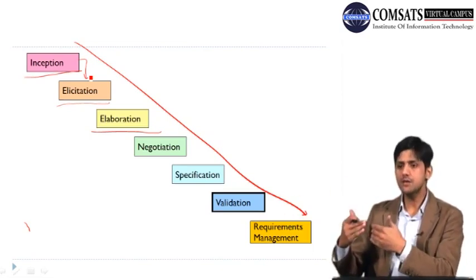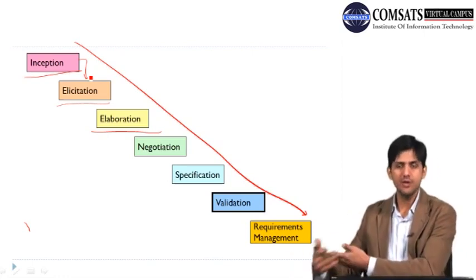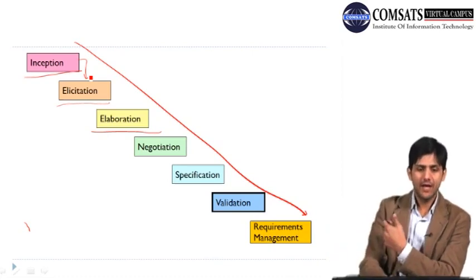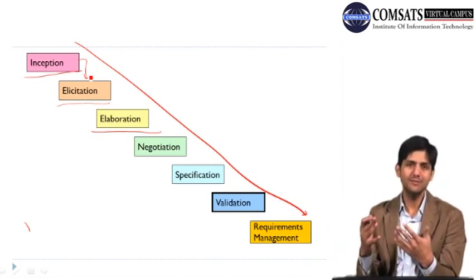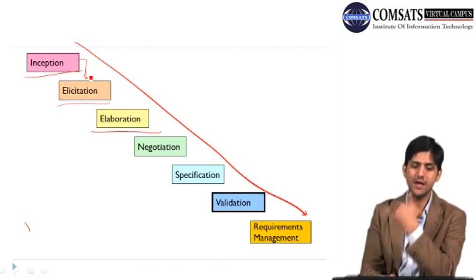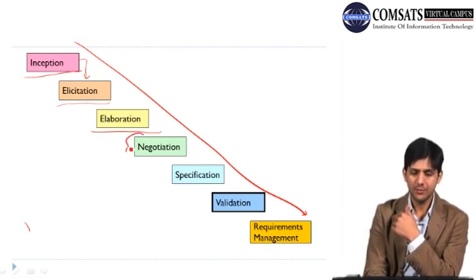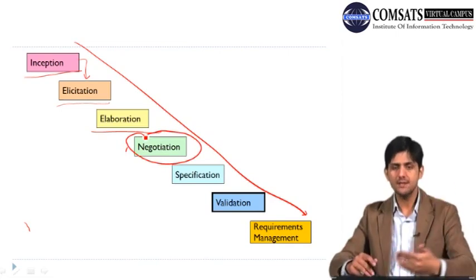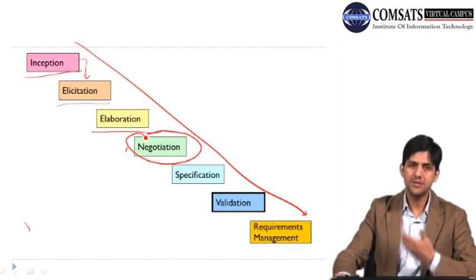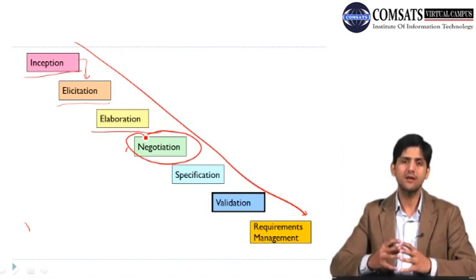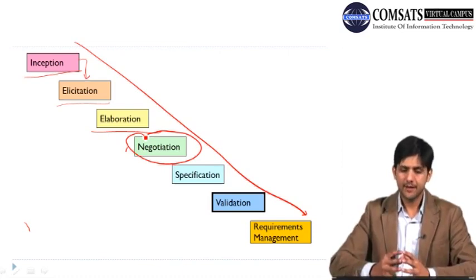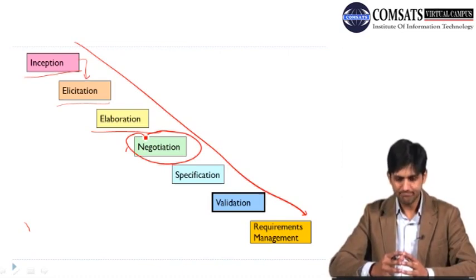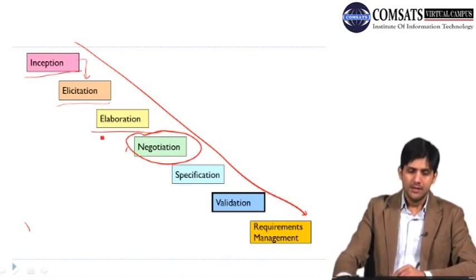Similarly, elicitation leads us into analysis, because we want to know more about the product. But when we have done analysis, we have understood that there are lots of problems with what we gathered, and so for that we need this particular process, which is negotiation. From today's lecture, we are going to talk about negotiation, what the different things in negotiation are, and what different activities are involved when we say we negotiate the requirements.